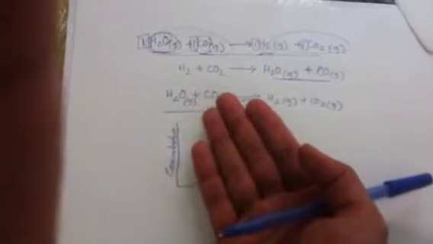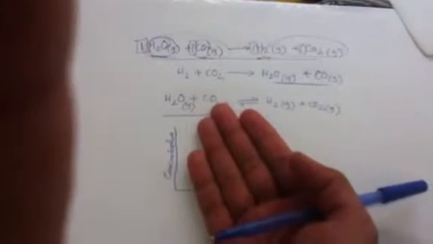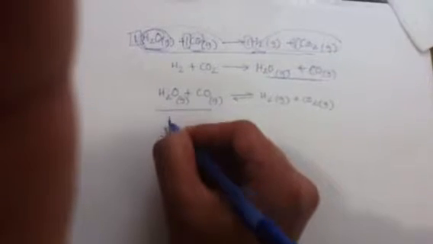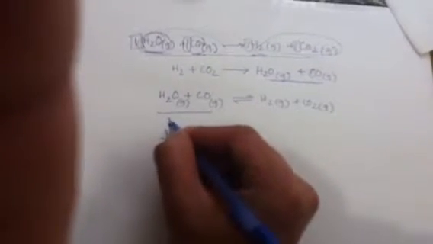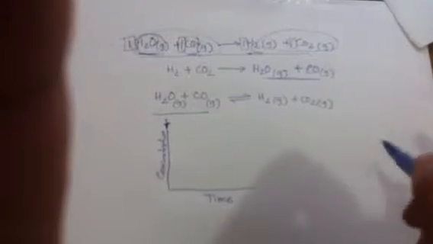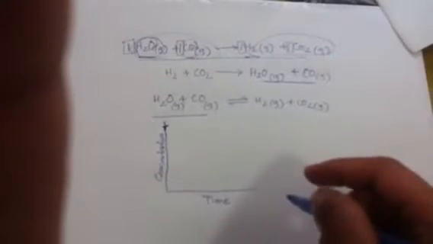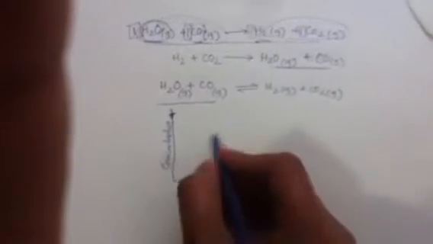I have 1 mole of carbon monoxide, right? So this is a lot. Let's say my reactants are here. So what happens to my products? Before the reaction starts, I have no products. I have only my reactants. So my products are at 0.